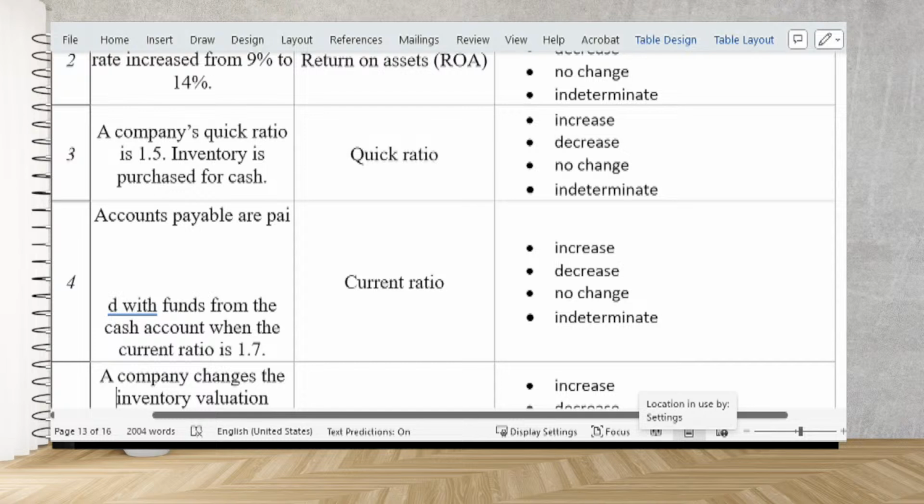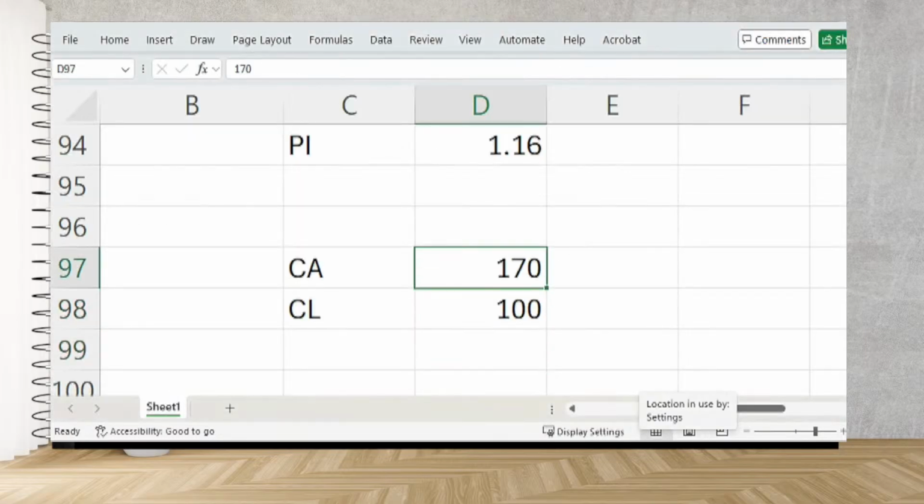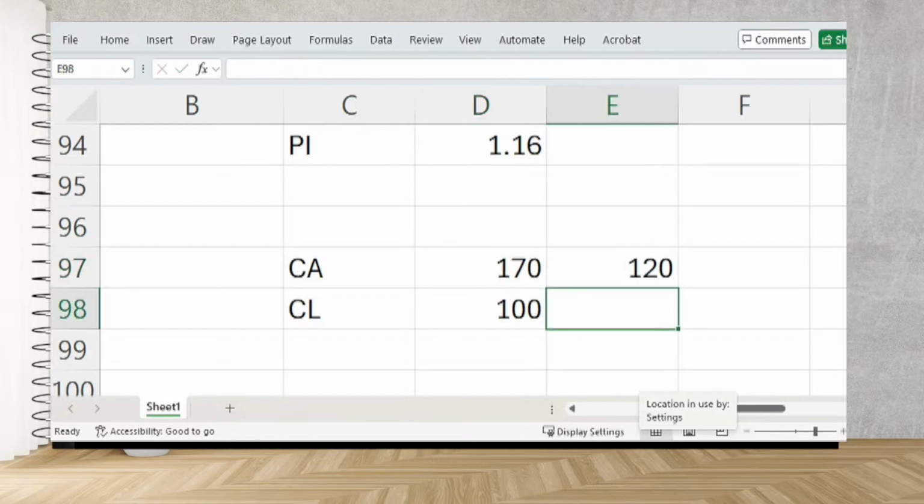What is given here? Amount payable is paid from the cash account. So current liability is 50. Okay, so what happened here? 120 new ratio and here 50, the same amount.